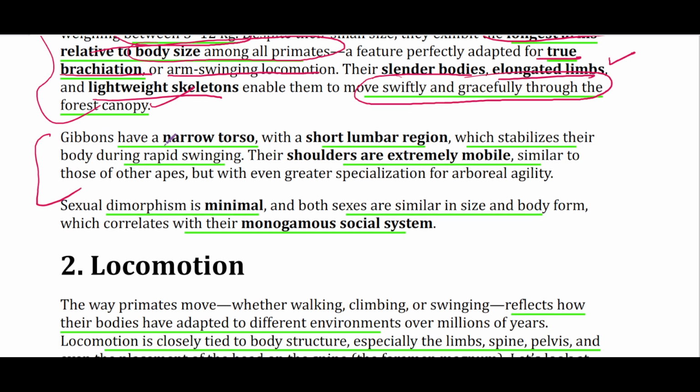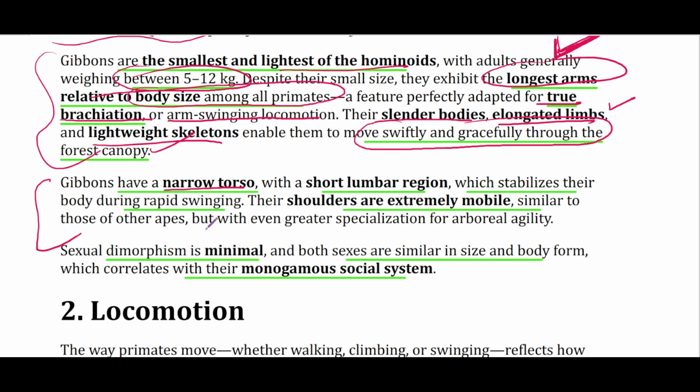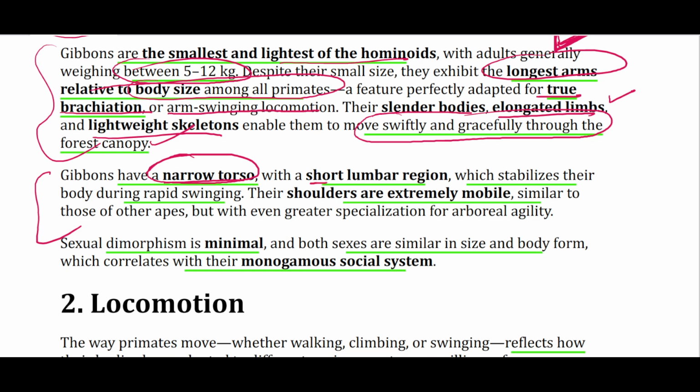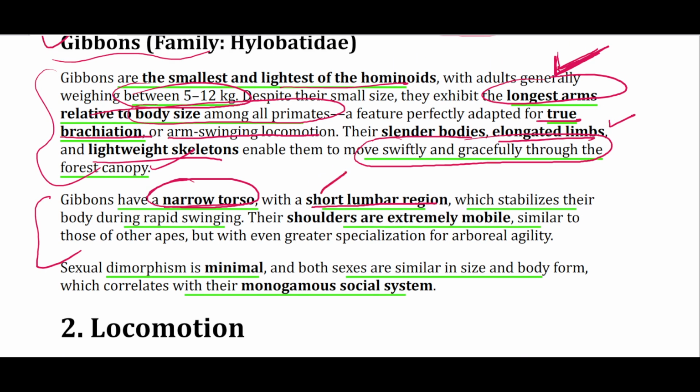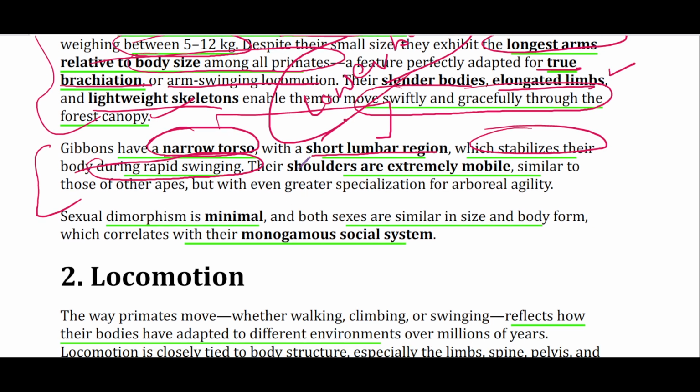Then they have a narrow torso, which is also important because if they are brachiating, they are swinging from one tree to another. So the torso shouldn't be heavier, and they have a short lumbar region. Lumbar region means lower back. So the torso is short, so the lower back will also be short, and both these features, narrow torso and short lower back, stabilize the body of gibbons during rapid swinging.